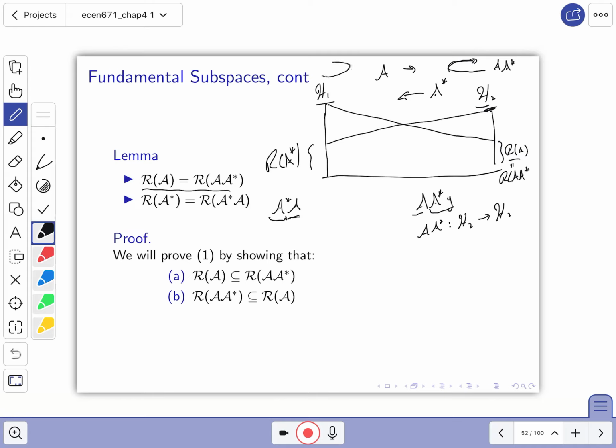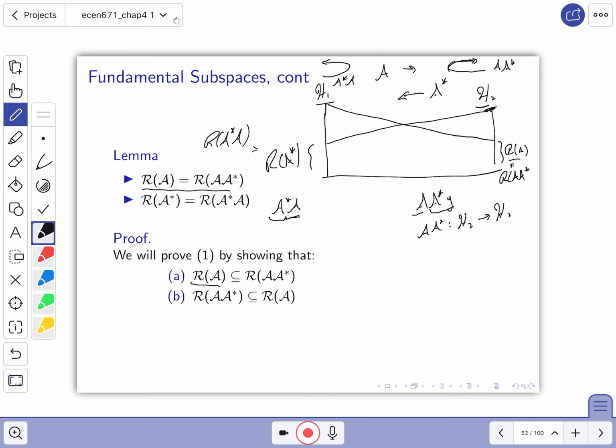So going from H1 back onto itself would be A star A. And it turns out that the range space of A star is equal to the range space of A star A. We're going to show this, and we're only going to show item 1 because item 2 is the same. Again, we replace A with A star and A star with A, and we get the same result. So we're going to show item 1, just following the same logic.